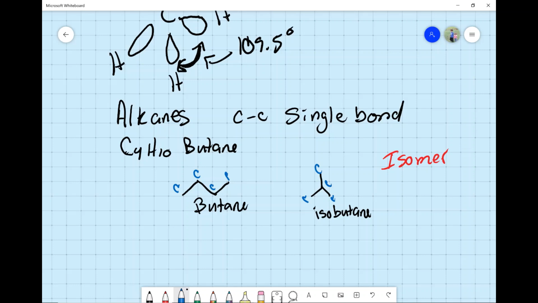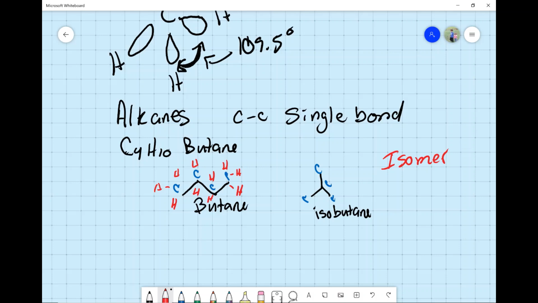Probably there are 2 here, and 3 on the end for hydrogen. This is ugly, I know, I'm sorry. All right, so this is what butane would look like, and then isobutane is a little bit different.